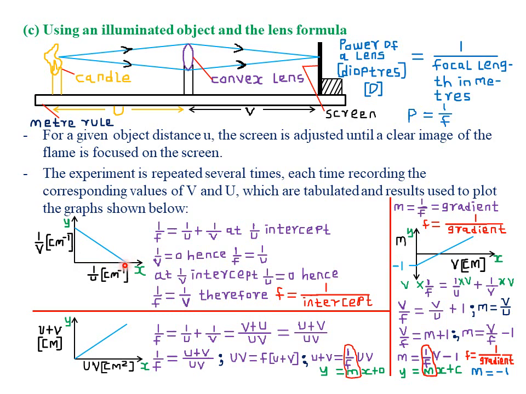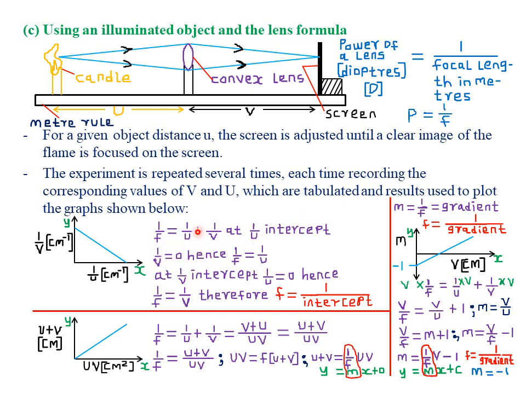So at the point whereby the line cuts the x-intercept, the value of y will always be 0. So the value of 1 over v will always be equal to 0. Therefore, at the 1 over u intercept, the value of 1 over v will always be equal to 0.